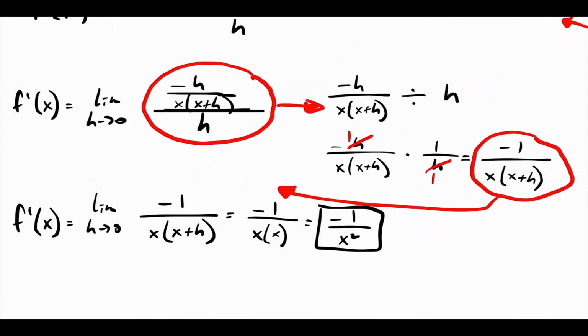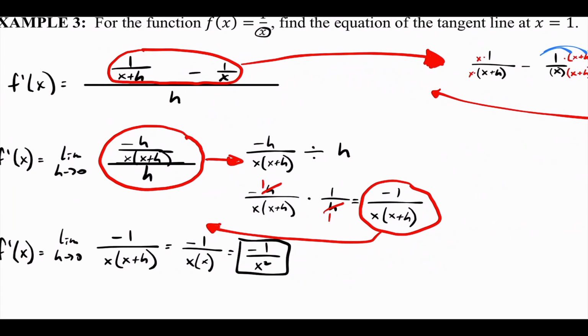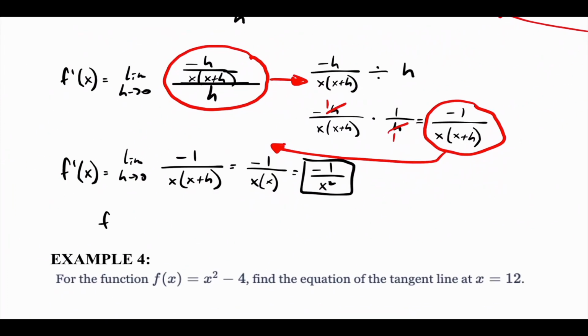For 1 over x, the derivative of 1 over x is negative 1 over x squared. Okay, the last thing I have to do is find the derivative at 1. So negative 1 over 1 squared equals negative 1. The slope is negative 1.